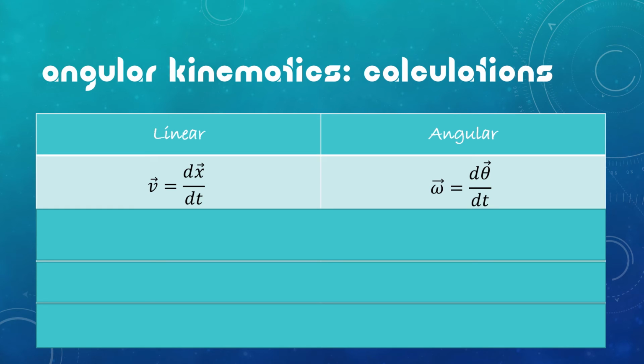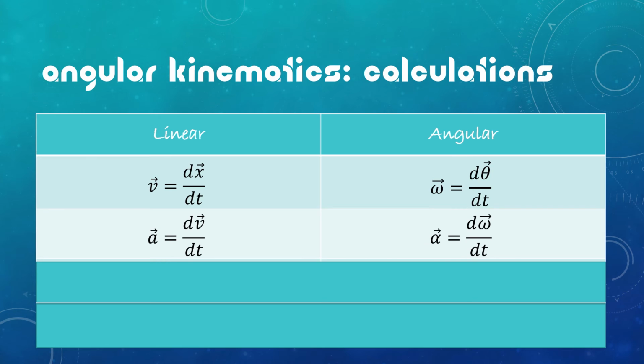The average angular velocity would be the angular displacement divided by time, or my instantaneous angular velocity is the derivative of the angular position function. Acceleration is similar. Linear acceleration is the change in linear velocity divided by time, or the time derivative of the velocity function. And it's the exact same way with angular quantities.